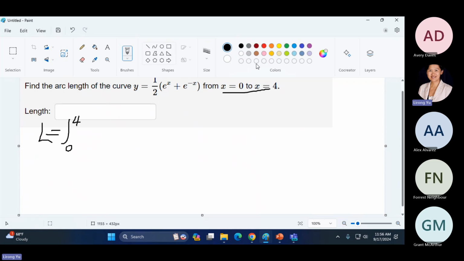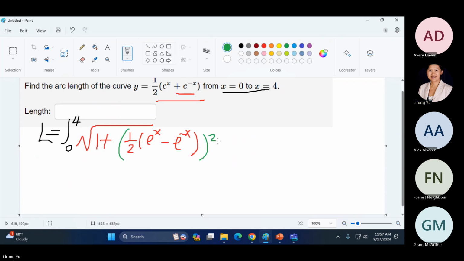We will have the root of 1 plus the derivative squared. So the derivative function would be 1/2 times the derivative of e to the x, which is e to the x, and the derivative of e to the negative x, which is negative e to the negative x. That's the derivative. And we are to square this, and then dx. Okay, so that's the intended calculation.